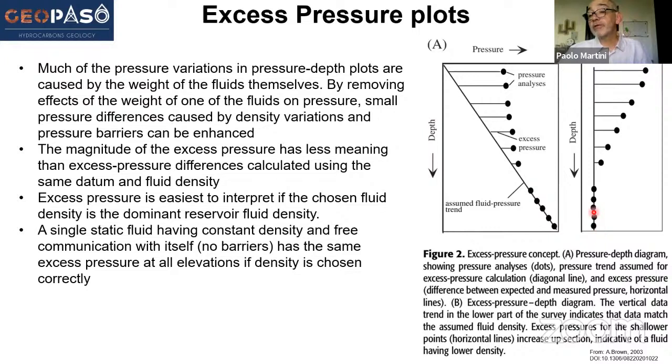They use the water density, so all the water points fall on a vertical line, while the oil points deviate towards the right. Basically, in this kind of plot, a single static fluid with constant density and in hydraulic communication will show up as a straight line at all depths.